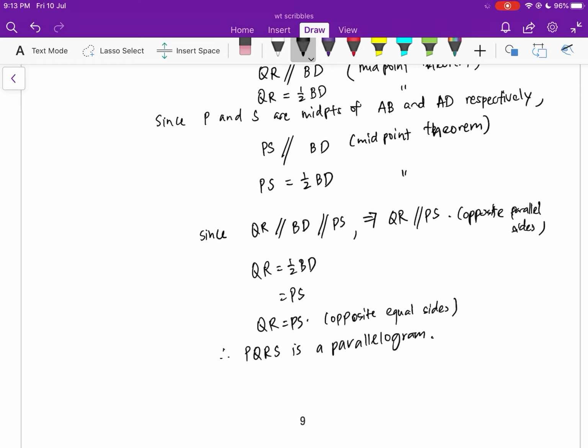So these two are the two sides that are opposite, parallel and equal. So therefore PQRS is a parallelogram. So that's all for 10.2.